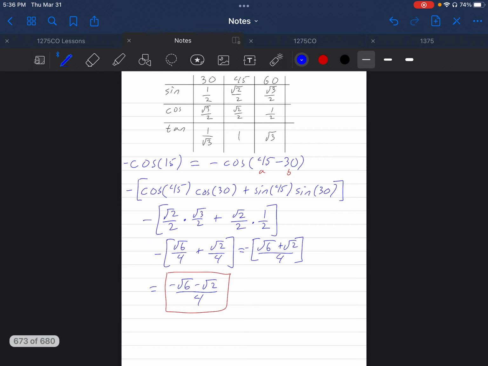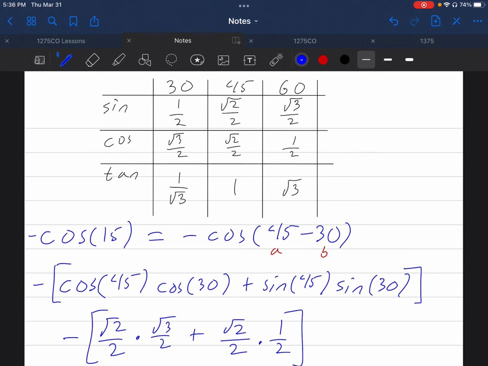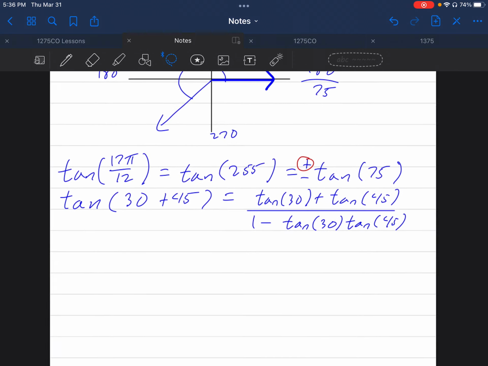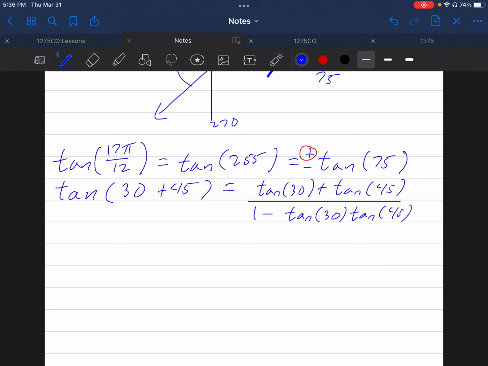Looking at our chart, we have the tangent of 30 is equal to 1 over radical 3. Tangent of 45 is equal to 1. So we can plug in those values. Tangent of 30, that's going to be 1 over radical 3 plus 1 divided by 1 minus 1 over radical 3 times 1.